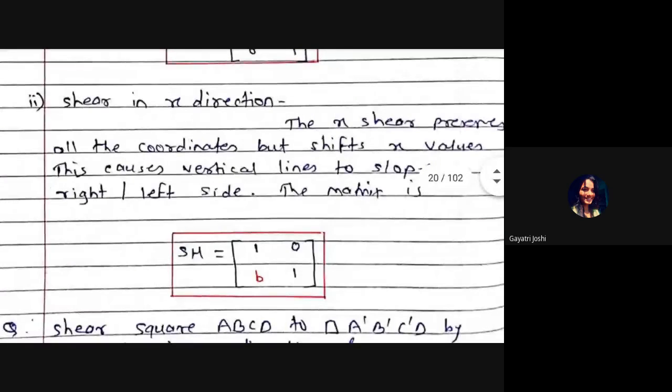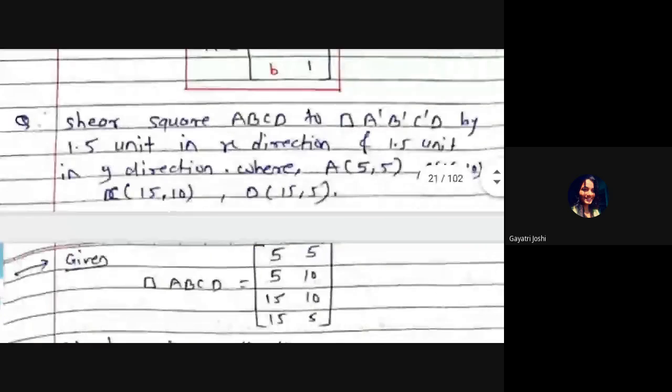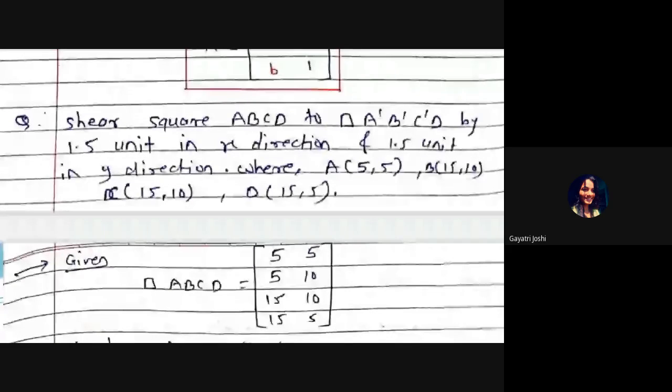This is the shear in x direction [1 0; B 1]. Very simple problem. Shear square ABCD to square A dash B dash C dash D dash by 1.5 unit in x direction and 1.5 unit in y direction.